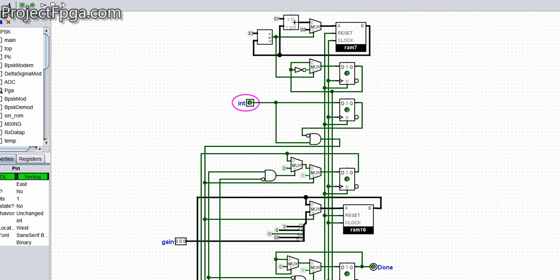Whenever you turn this interrupt on, it comes here and goes through here. At this AND gate, what it checks for is if the interrupt is on here and this is off. Here represents the initial state because it's going to pass through this flip-flop and then come out on the next clock cycle. So if it's not on initially, now turn it on.